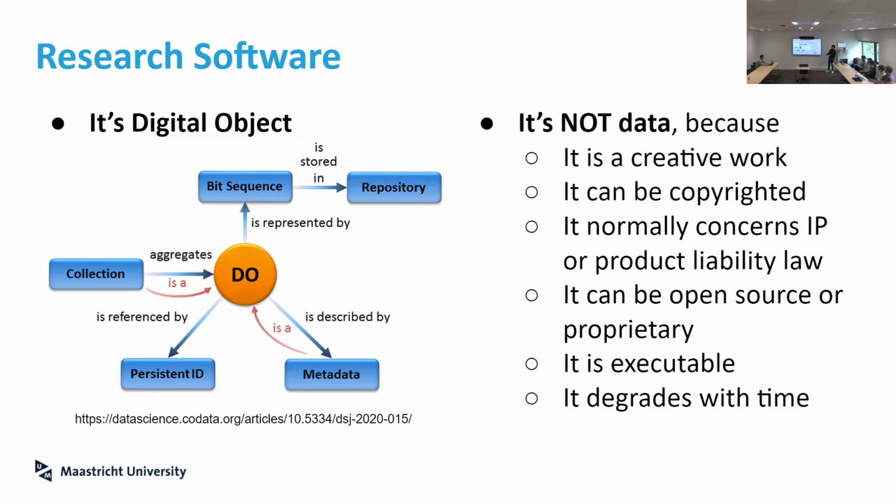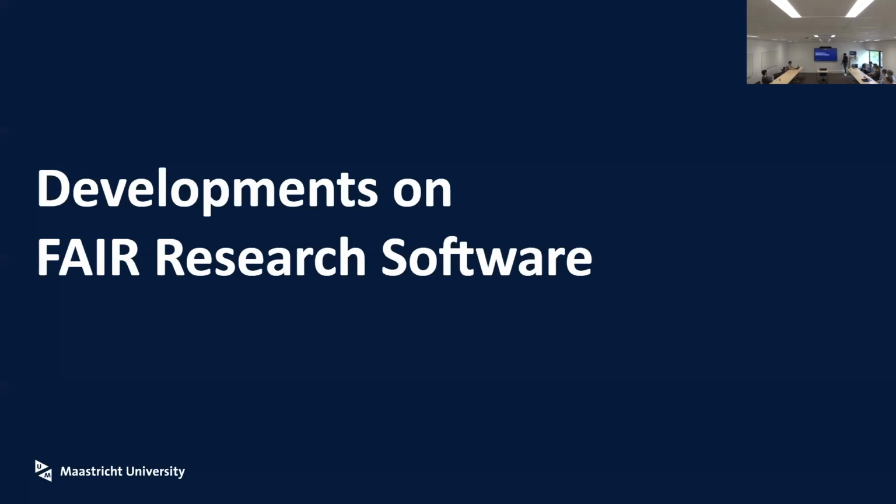So therefore, it can be copyrighted, and normally it concerns intellectual property rights and product liability rights, whereas data has to do with other types of legal frameworks, and data are facts, not creative work. Software can obviously be open source or proprietary. This digital object is executable, and obviously degrades with time, and that doesn't happen with data. Technology evolves, and if the software is static, it immediately degrades by definition.